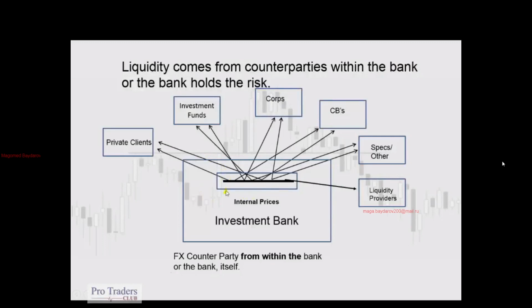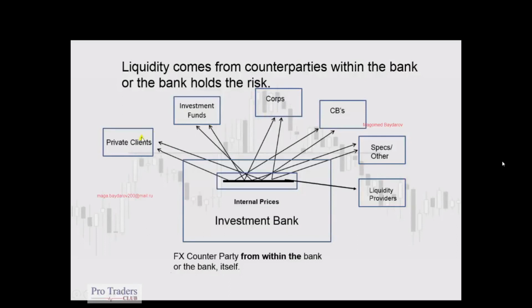So inside the investment bank, of course, there's a foreign exchange desk, and the foreign exchange desk will deal with all of these entities quite uniquely. For example, some entities may have a very high demand for various structures, different types of instruments offered by the bank, and different structured instruments that may actually be uniquely made for the client. So for example, if I'm a corporation, I may have an interest in hedging my purchases or sales of goods or services.